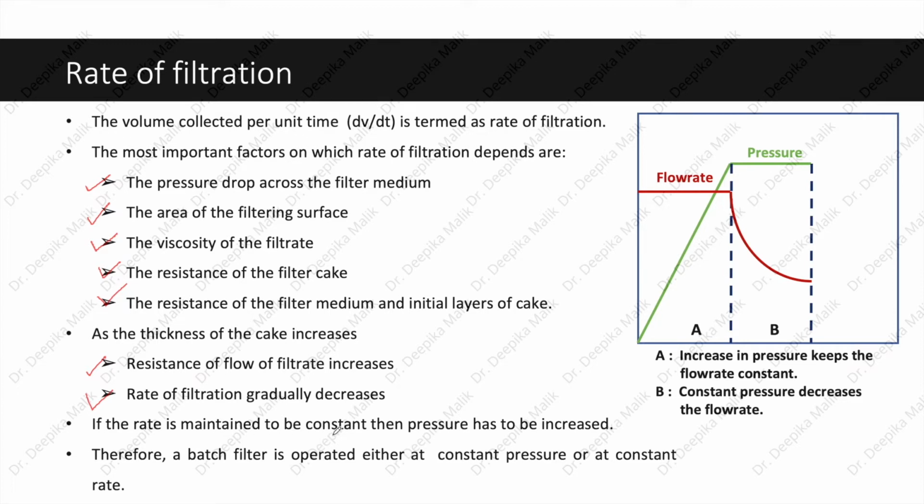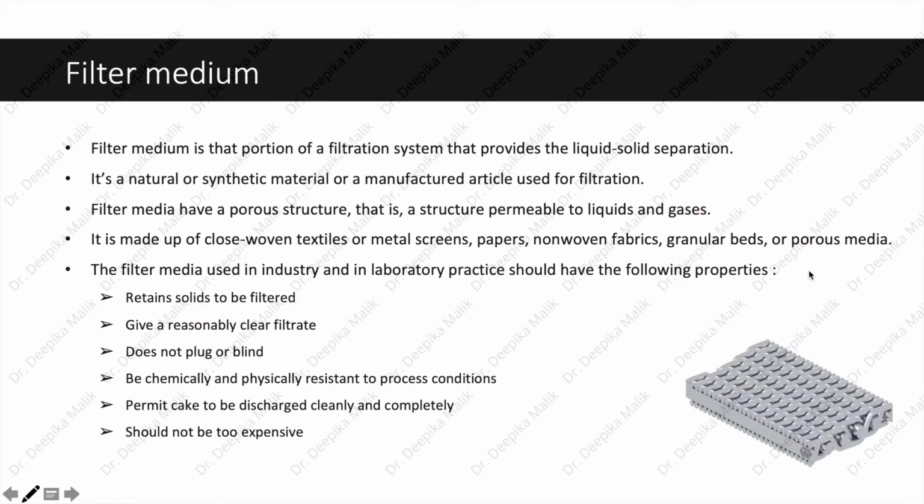Now if the rate is to be maintained constant, then pressure has to be increased. Therefore, a batch filter is operated either at constant pressure or at a constant rate, as you can see in the graph. In area A, increase in pressure keeps the flow rate constant, and in area B, constant pressure decreases the flow rate.